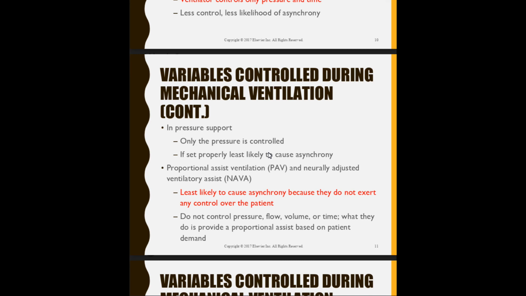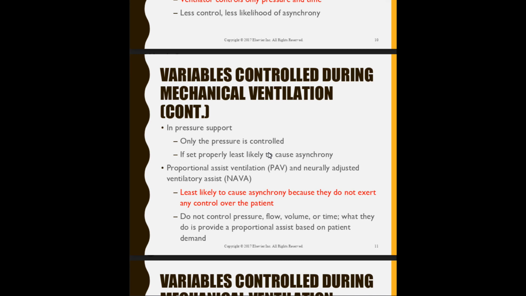It says they are least likely to cause asynchrony because they do not exert any control over the patient. It also says it does not control pressure, flow, volume, or time. What they do is provide a proportional assist based on patient demand. I can't remember off the top of my head, because this is all lecture and I'm not looking at any reference material.